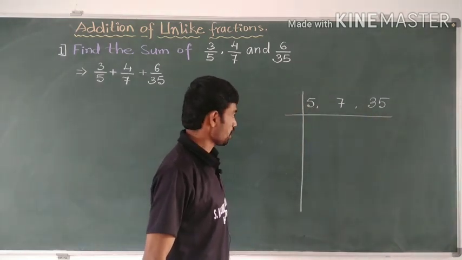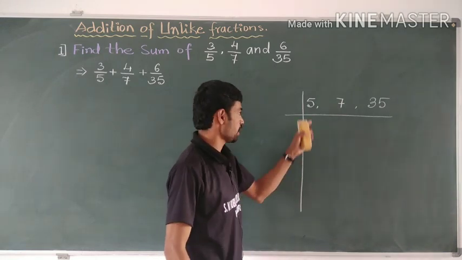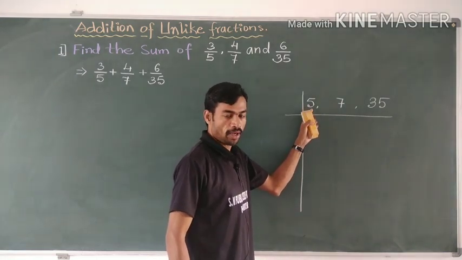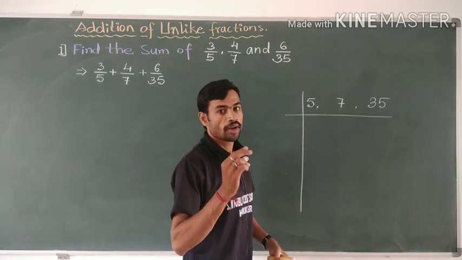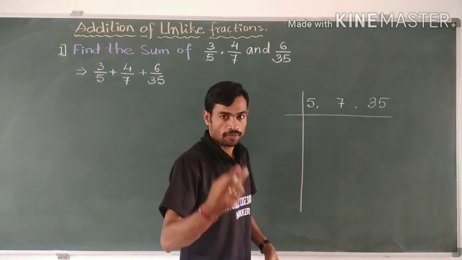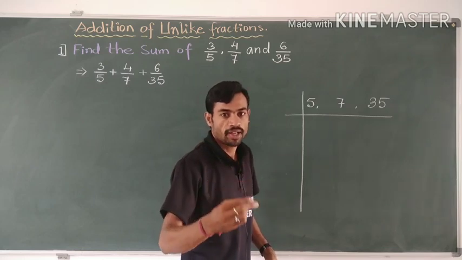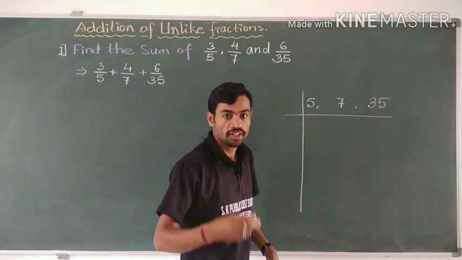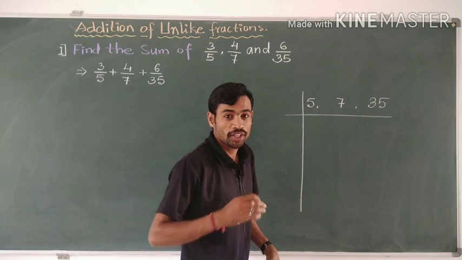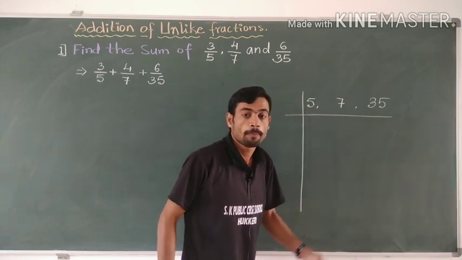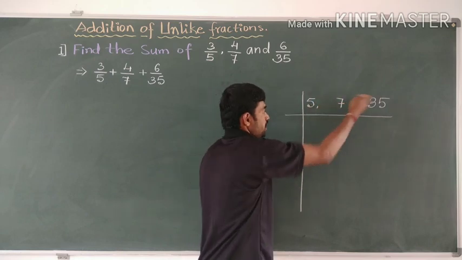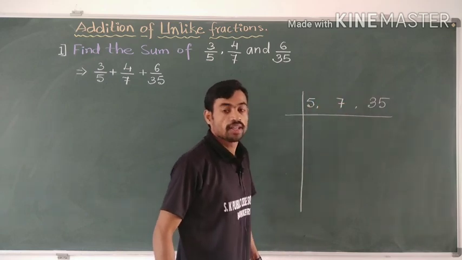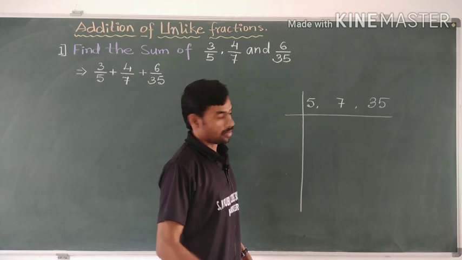Prime factorization method. Which is the first prime number? 2. Next 3, then 5, 7, 11, 13, 17, 19, 23. These are all prime numbers, and we check whether the numbers are divisible by them.